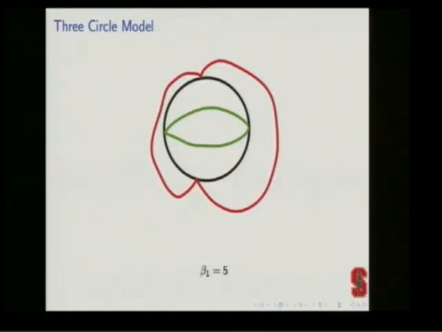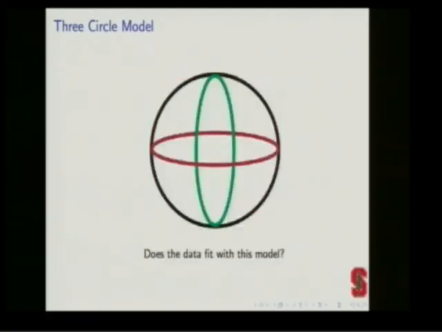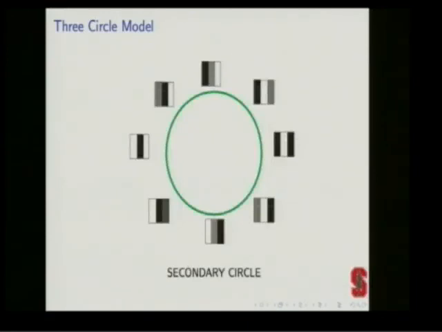So if the data fit with this picture, that would be a satisfactory answer. We would have been guided by the homology to this picture. So the question is, does the data fit with this model? And the answer is that actually it does. It fits beautifully with this model.